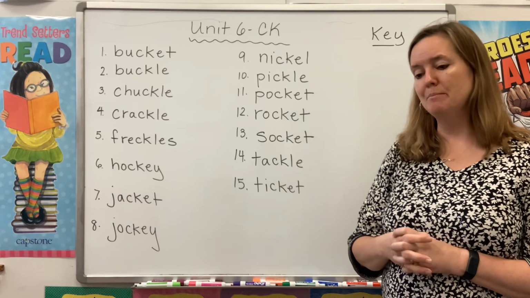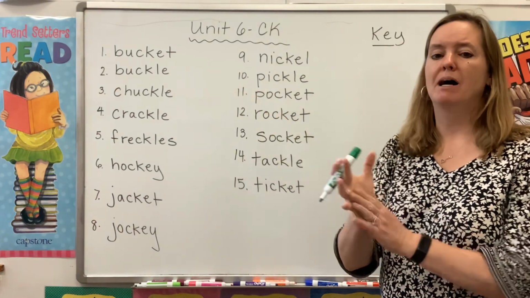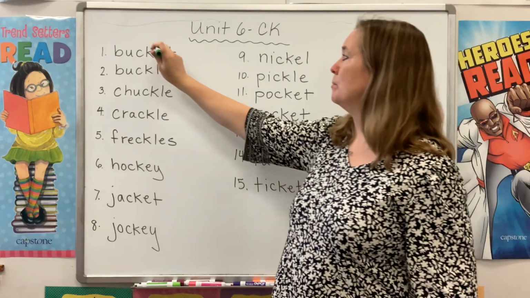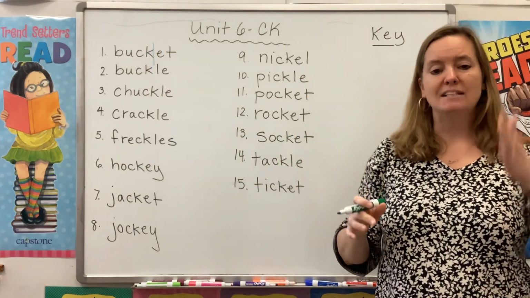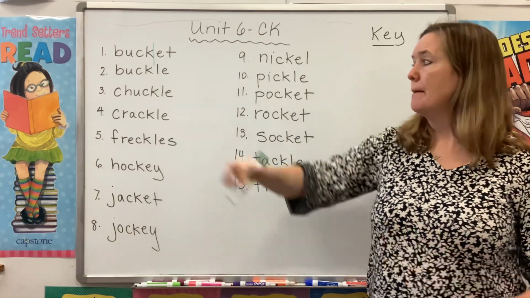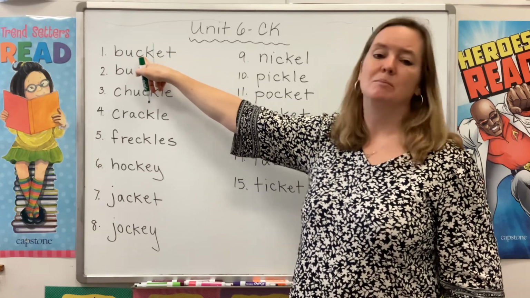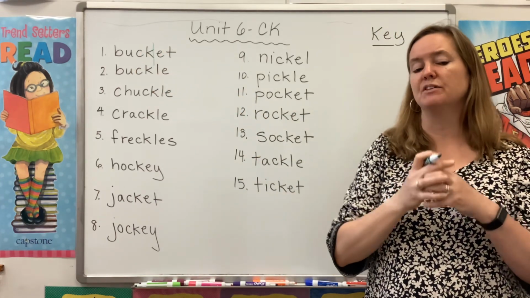All right, just as we've done in previous weeks, we are going to take our 2-syllable words and slice them into syllables, starting with bucket. Now, in the past, I told you to slice those syllables between 2 consonants, right? But you wouldn't do that here because CK is a digraph. We have to keep those letters together.